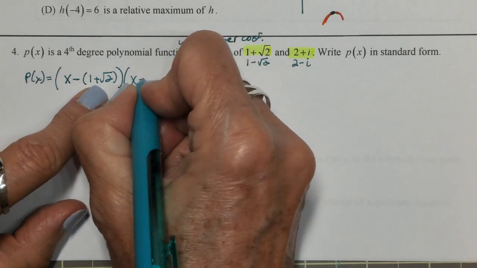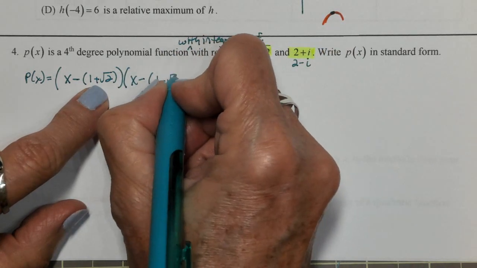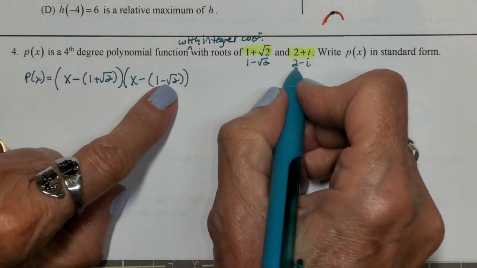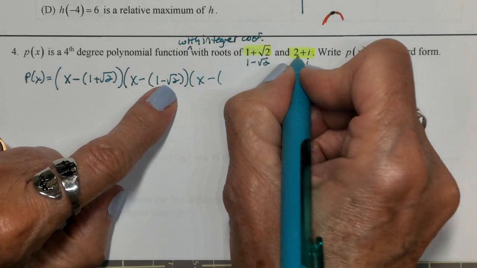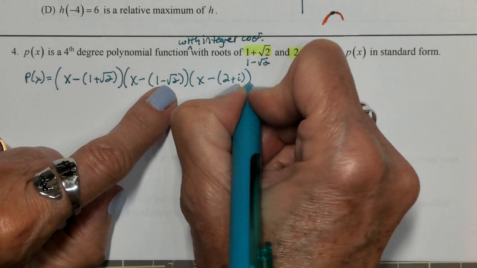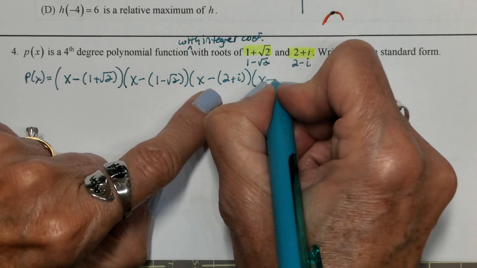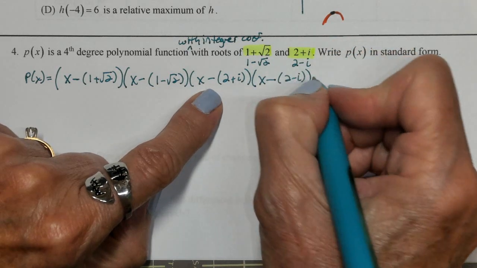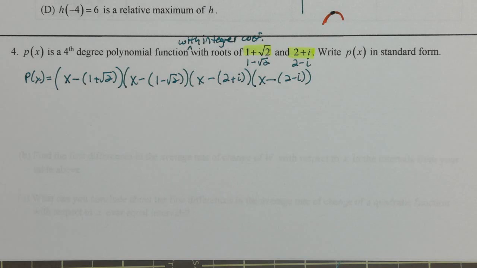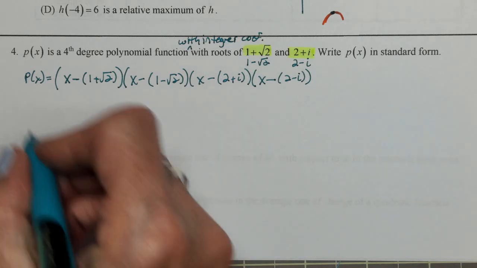So x minus 1 minus square root 2. x minus 2 plus i. And x minus 2 minus i. And we're going to have fun with multiplication of these things.